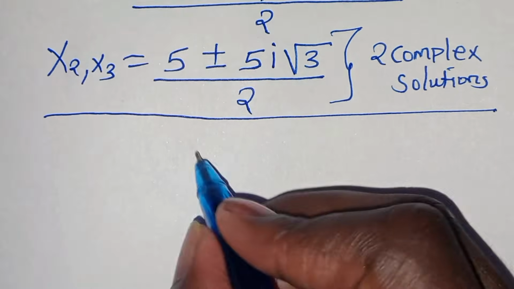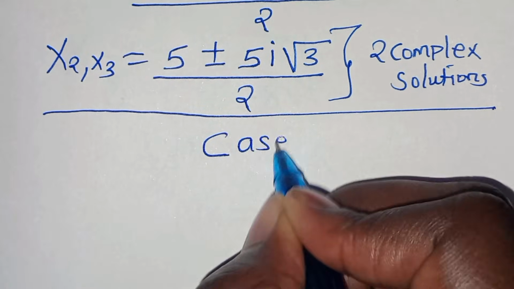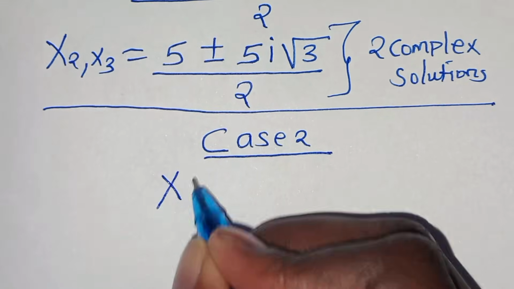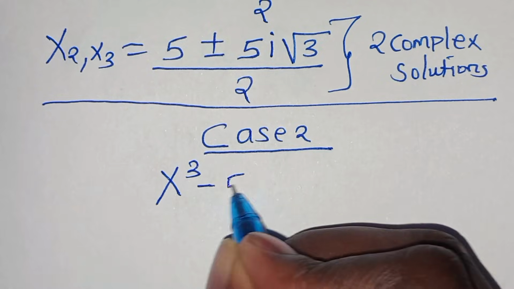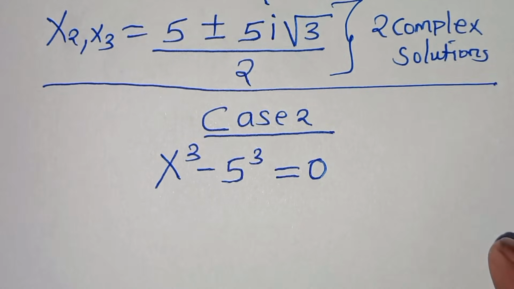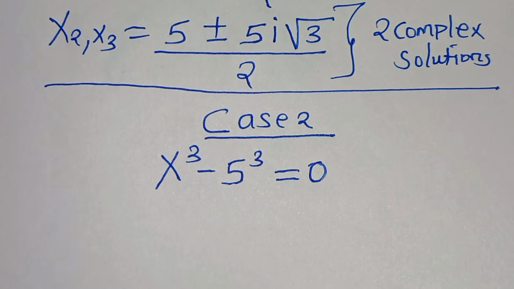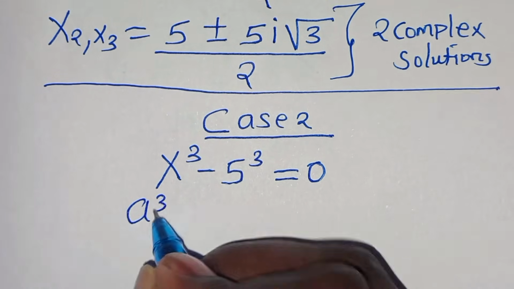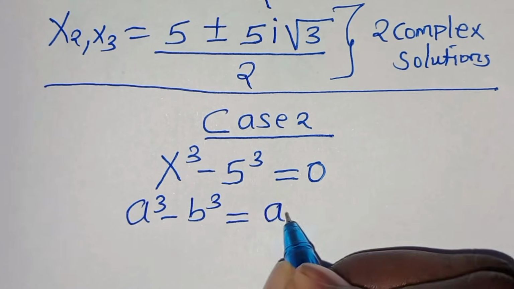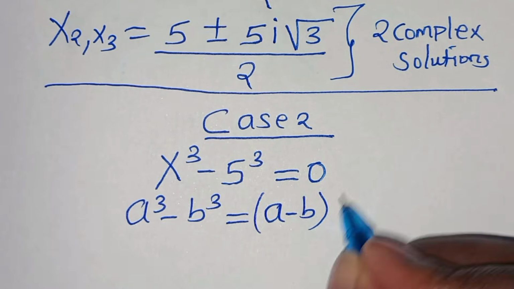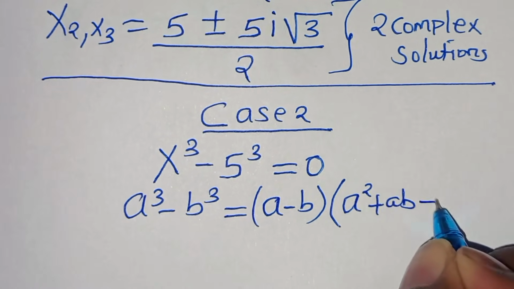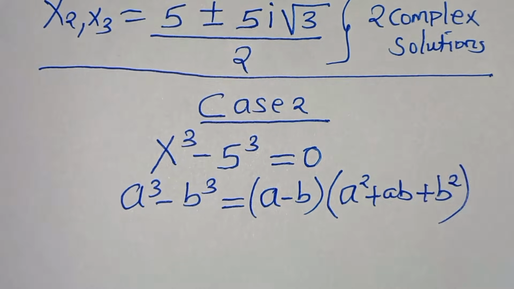Now let's proceed to case 2. In case 2, we have x to the power of 3 subtract 5 to the power of 3, this is equal to 0. This is the difference of two cubes expressed as a to the power of 3 minus b to the power of 3, which we can express as a minus b, into the parentheses, a to the power of 2 plus a times b, then plus b to the power of 2.